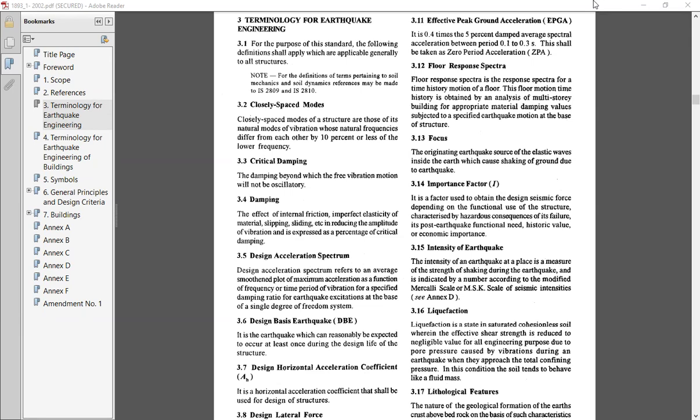And then at the end, we have percentage of imposed loads to be considered in seismic weight. So these are the 7 factors which are involved in the seismic coefficient method.